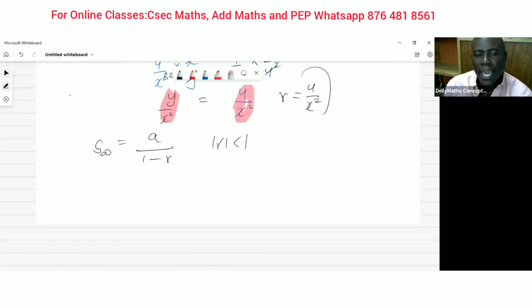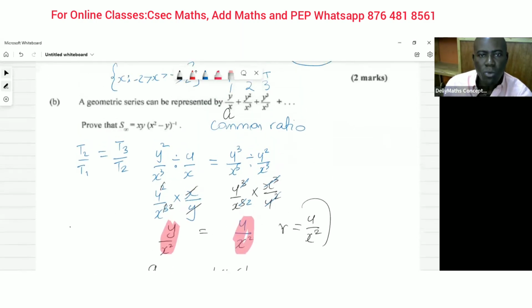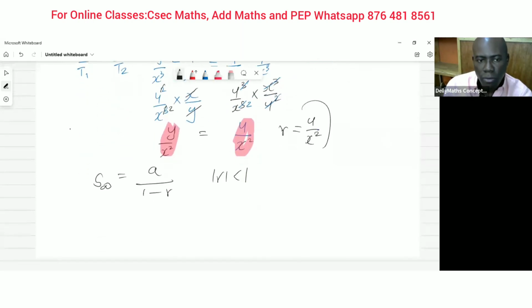So we're talking about A. Let's look at what the first term was. The first term was y over x. So this is equal to y over x over 1 minus R, and R is y over x squared.